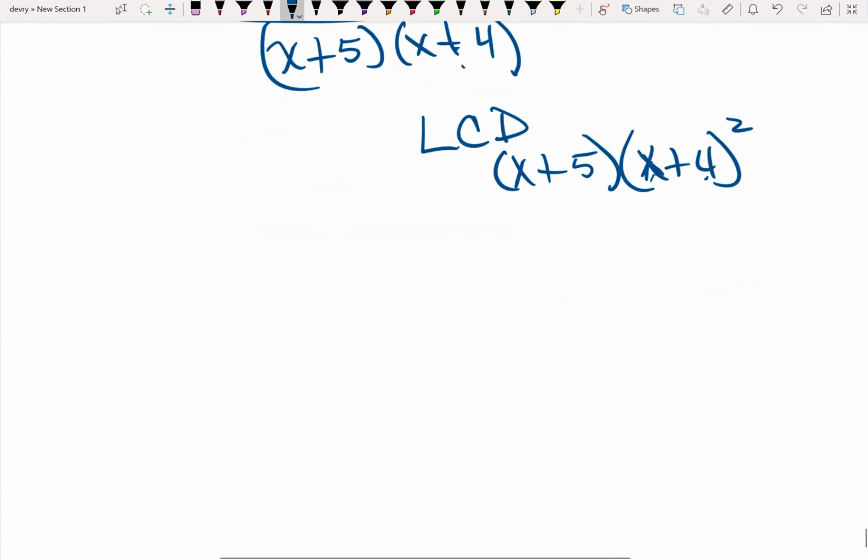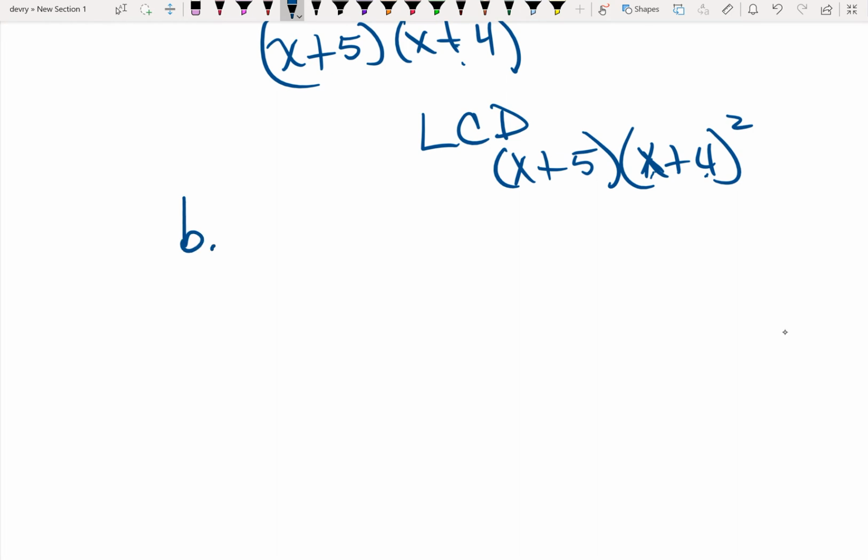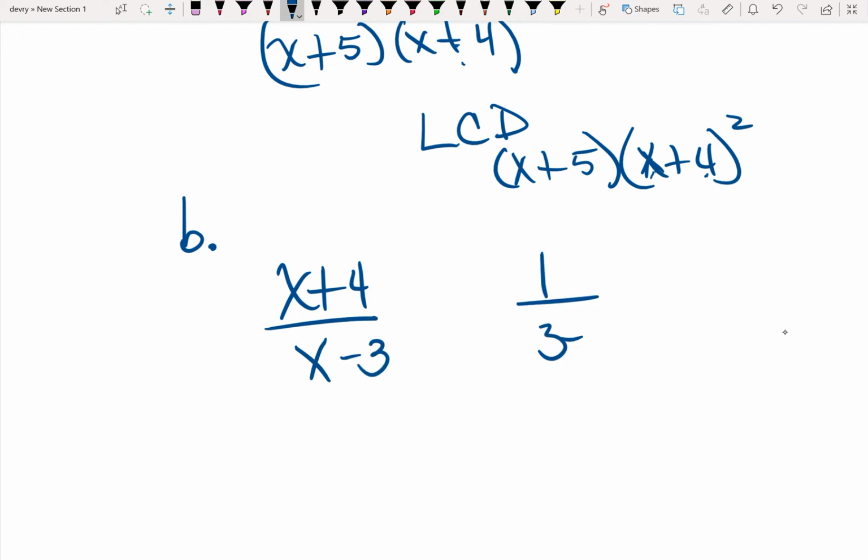In the case of example B, they give you x plus 4 over x minus 3, and then 1 over 3 minus x. Do you notice that this is, in essence, a negative differential? So if I were to extract a negative 1 from here, I could express this as x minus 3.